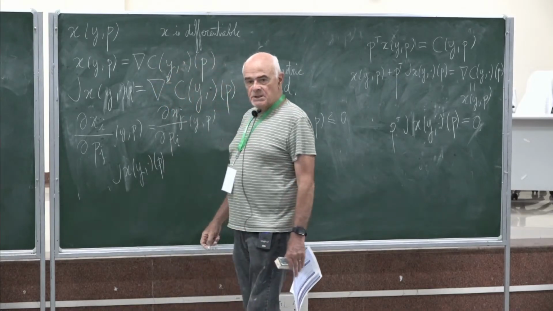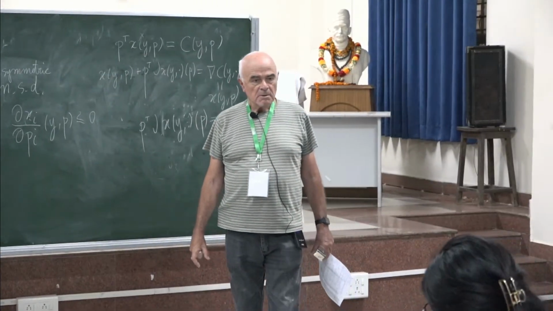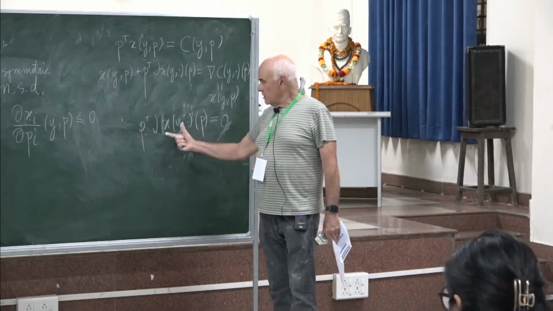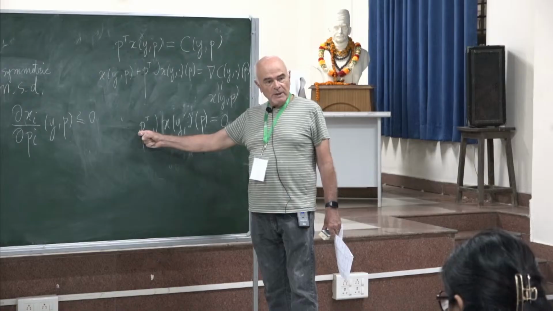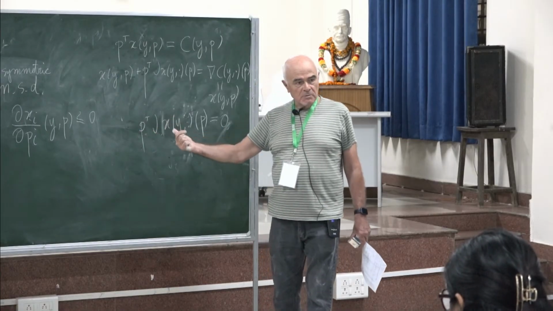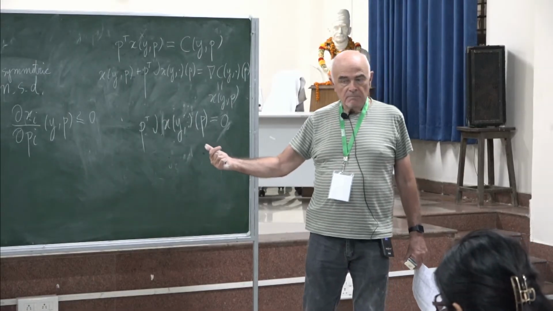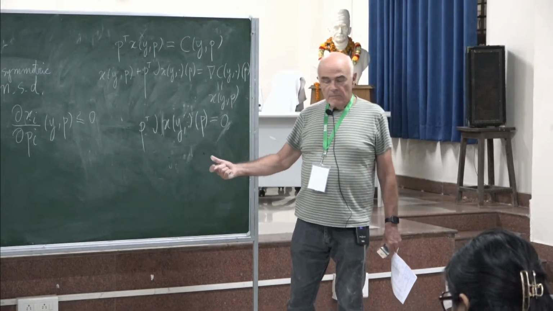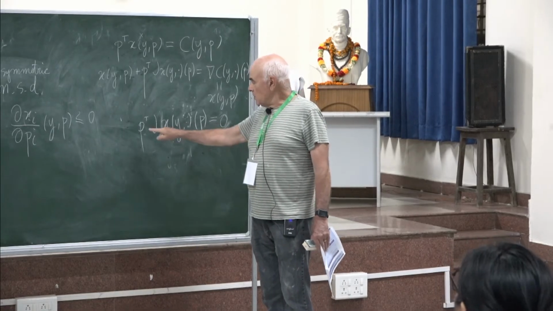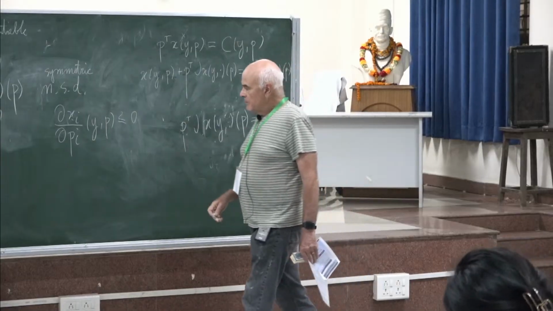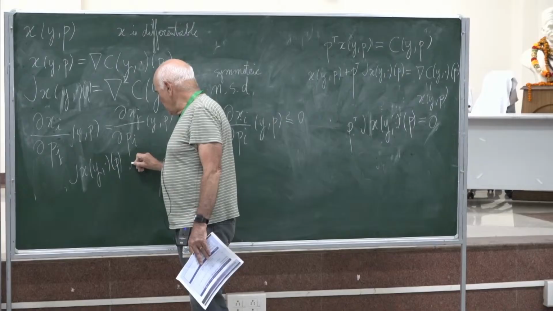So what can we say about this matrix? You have a square matrix which multiplied with a non-zero vector gives 0. So this matrix is singular. If this were non-singular, then the only solution to this equation would be p equals 0. So the Jacobian matrix of the input demand function is singular.